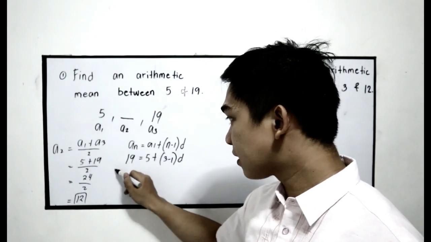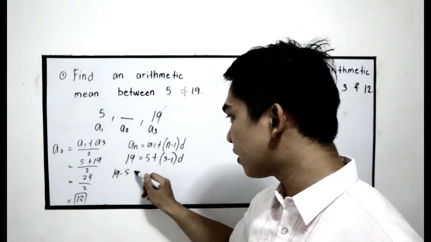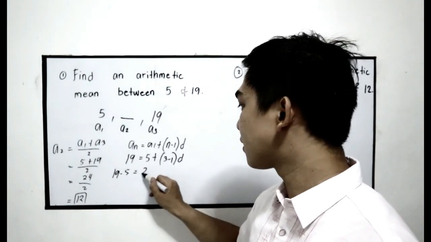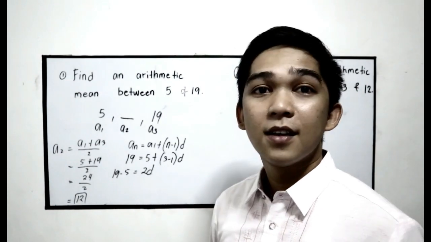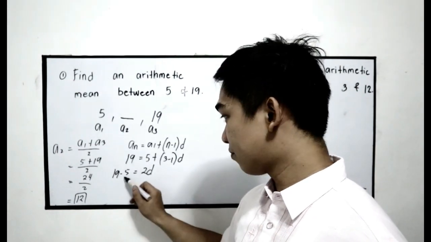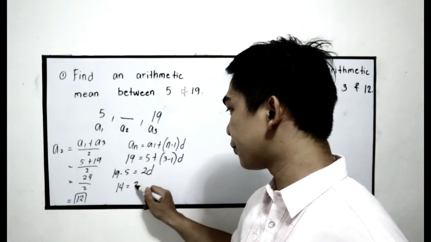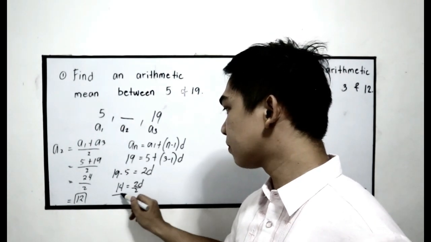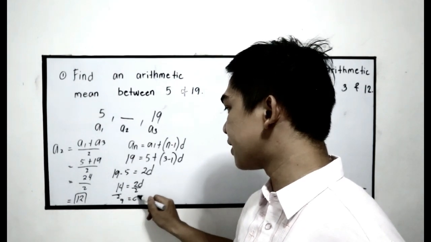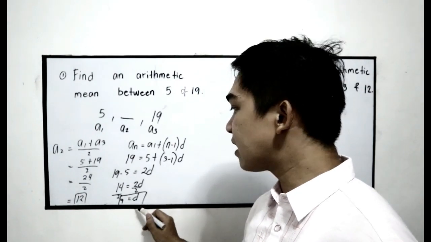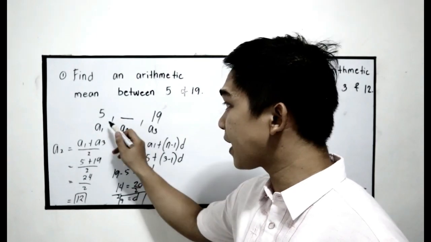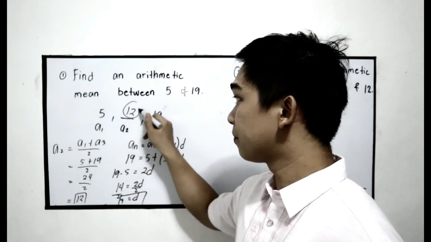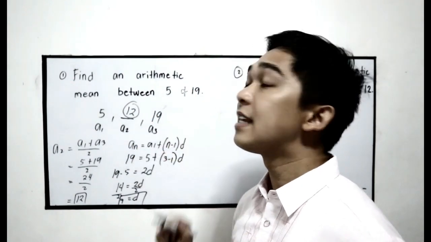Transpose 5, that is 19 minus 5 is equal to 3 minus 1, that is 2d. 14 is equal to 2d. Divided by 2, 7 is equal to d. Since the common difference is 7, we can add 5 plus 7, and this is 12. 12 plus 7, 19.